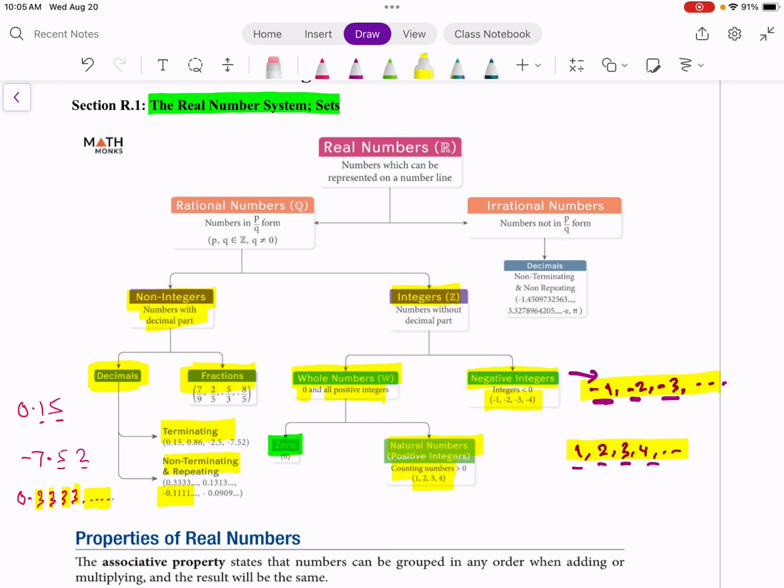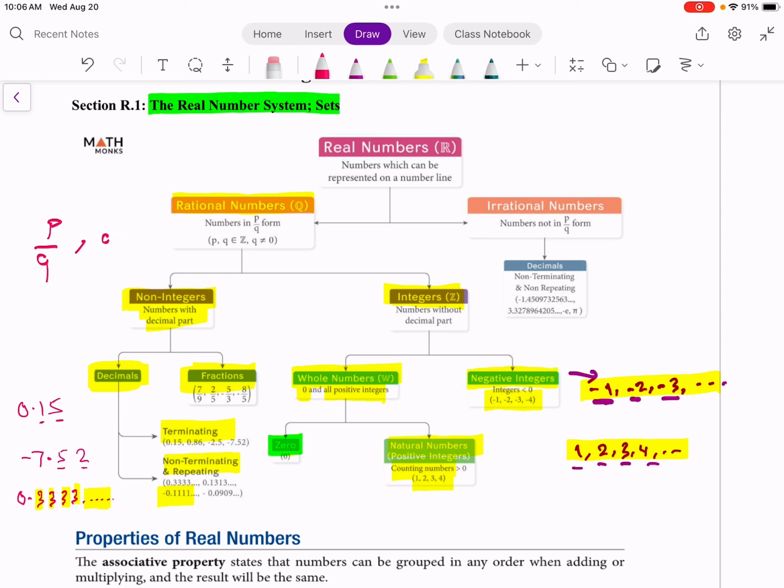Now do you see a difference between integer and non-integer? So integers are the numbers without decimal part. Okay, non-integers are the numbers with decimal part. Okay, and these non-integers and integers together make rational numbers. So every non-integer number and integer, we call it a rational number. Okay, in general we represent our rational number by p over q.